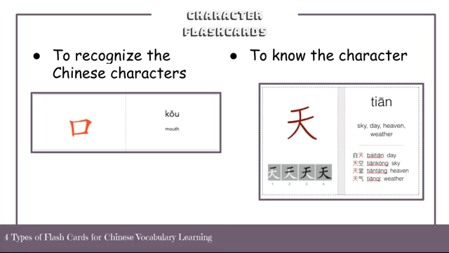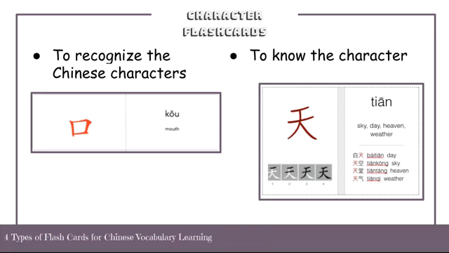And at the bottom, you can see how to write the character stroke by stroke in the right order. On the back side, you can see how to pronounce it, the pinyin, its meaning, and examples. As you notice, 天 is in a different color, red.